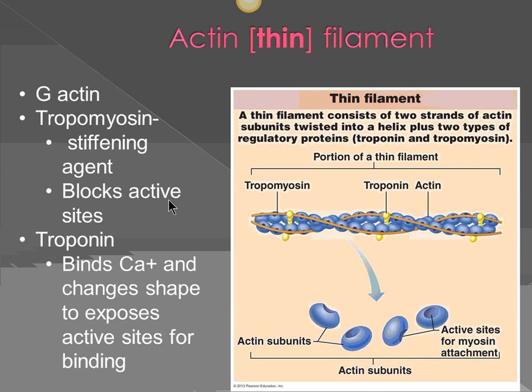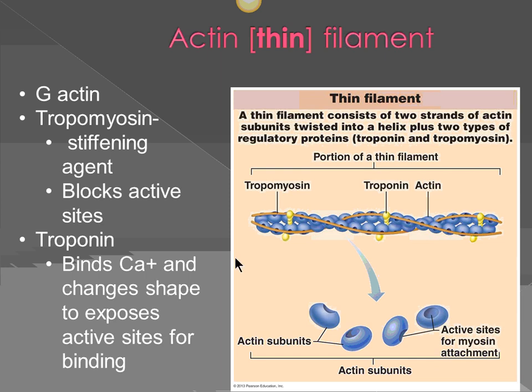So if it's blocking those active sites, how do you unblock them? You need something to help unblock them. Here we have another protein. So this actin has three proteins, as I mentioned. G-actin was one, which are the blue colored two strands. Tropomyosin is the yellow one. And the other protein is called troponin. What it does is, when muscle contraction occurs, it binds calcium ions and changes shape.